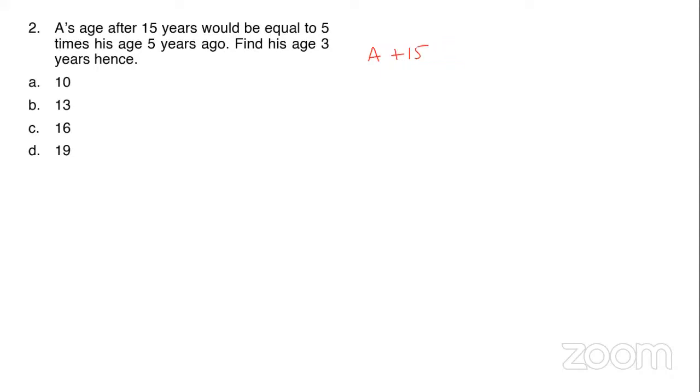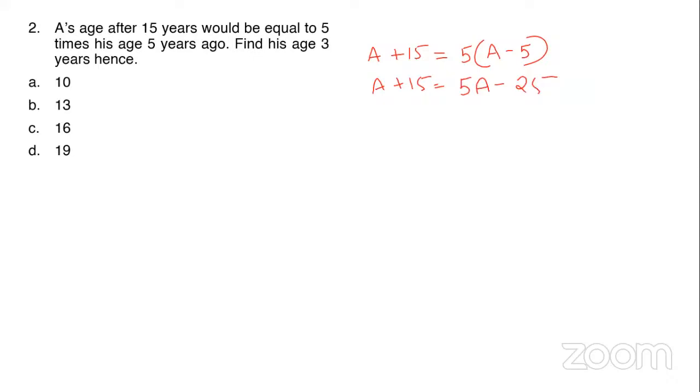So A plus 15 is equal to 5 times his age 5 years ago, so 5 into A minus 5. So A plus 15 will be equal to 5A minus 25.